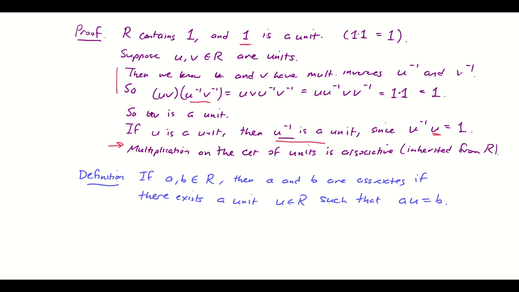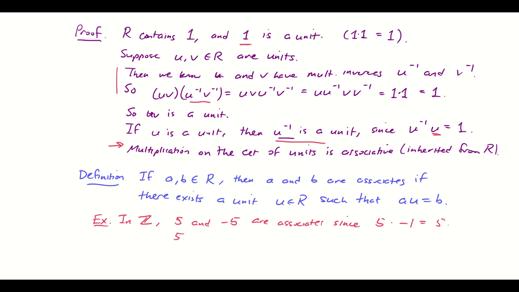Okay, so here's an example. In the set of integers, 5 and negative 5 are associates, since 5 times negative 1, which is a unit, is equal to negative 5.